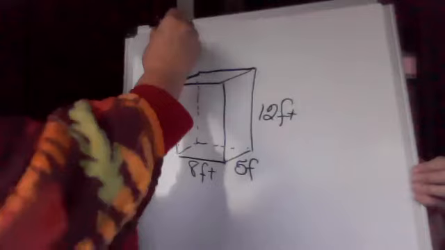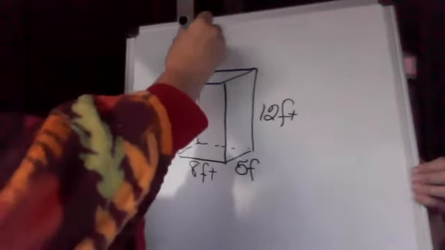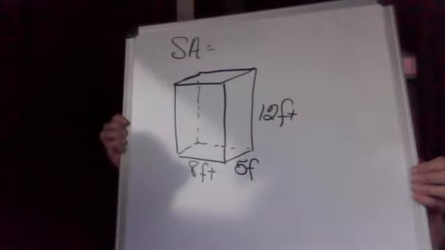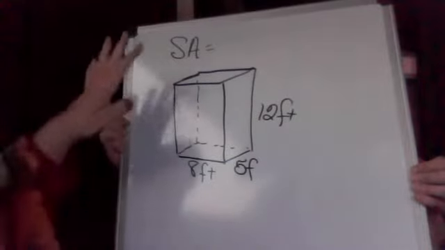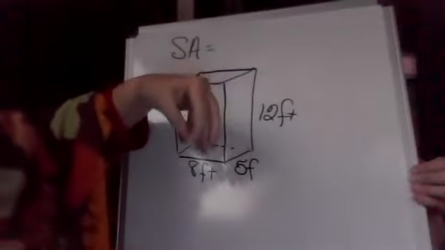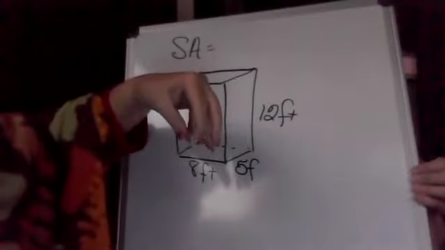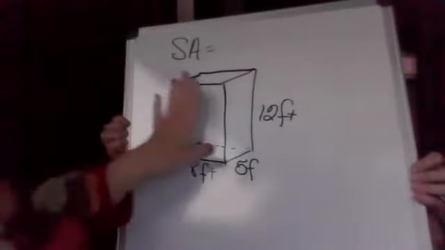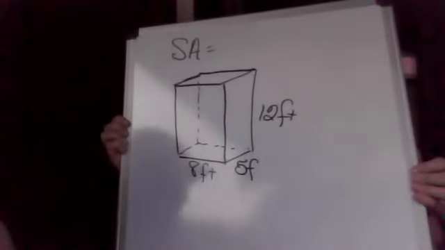And they want you to find the total surface area of this. A reminder one more time, the surface area has nothing to do with how much this prism will hold inside. It has only to do with the area of each piece on the outside.